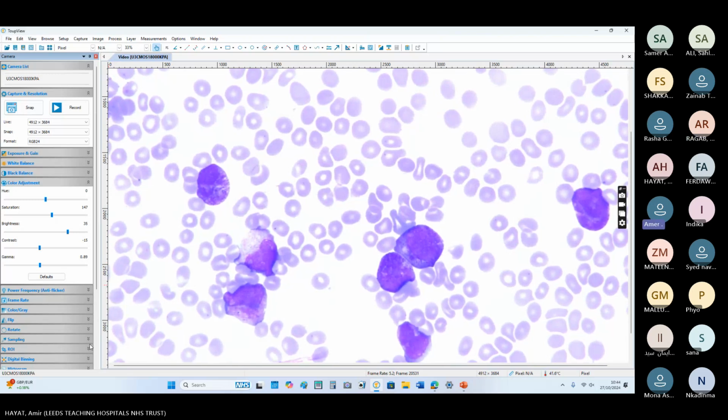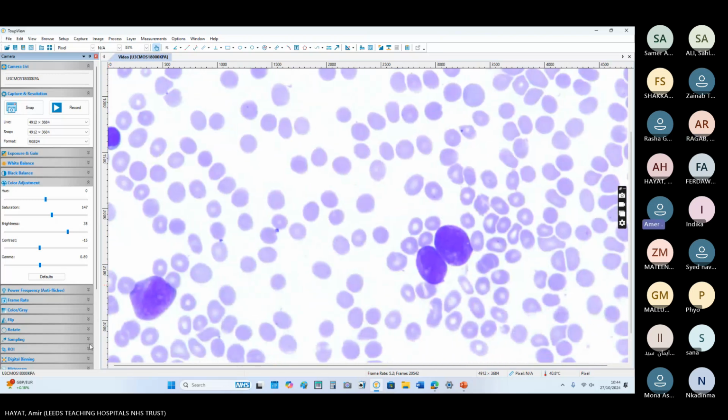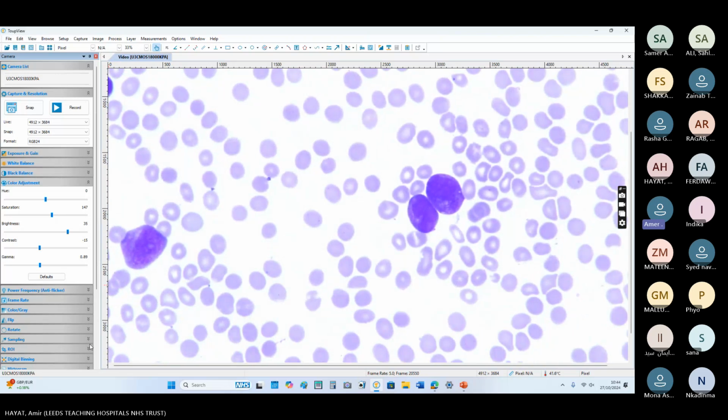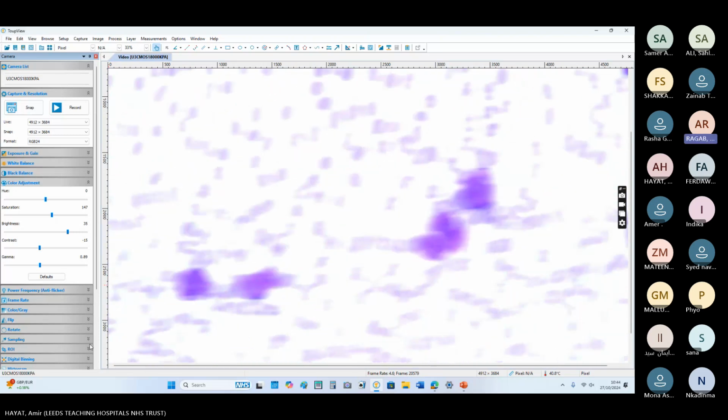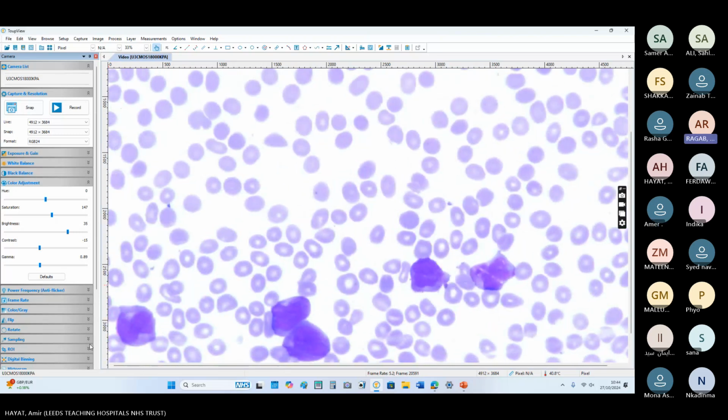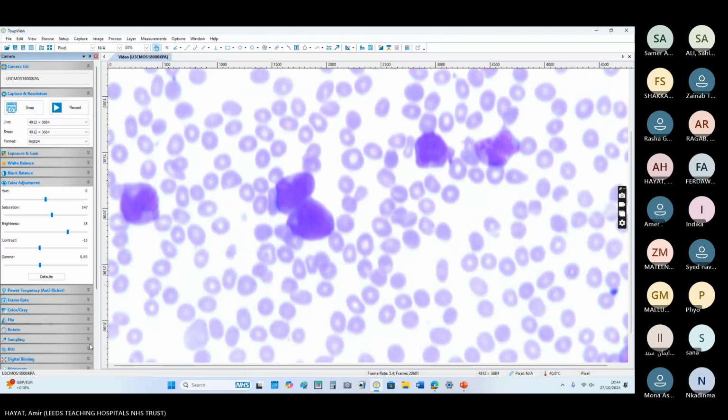So different trusts have different ranges. Our trust has a 1.5 range, and also we say 1.5 in our trust.